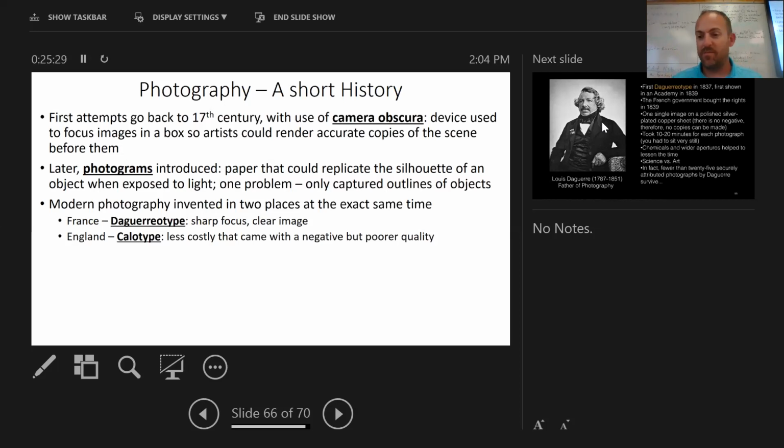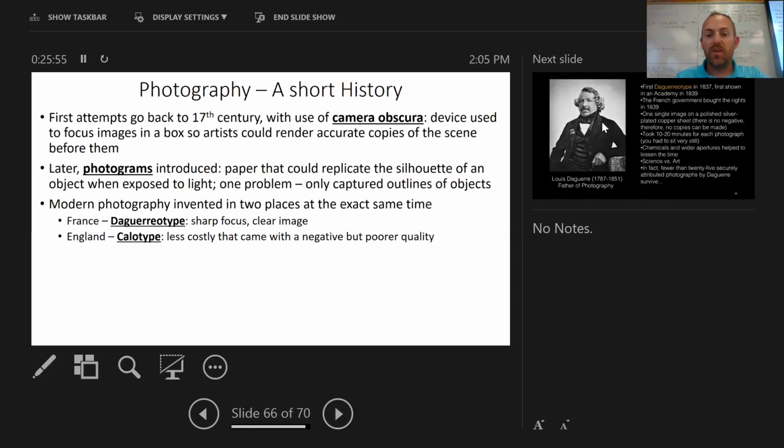Obviously, it was very crudely done. It didn't gain a lot of steam. Later, they're going to have what's called photograms introduced. Basically this is paper that could replicate this. It would reproduce the silhouette of an object when it would then be exposed to light. So there's this use of light, right?